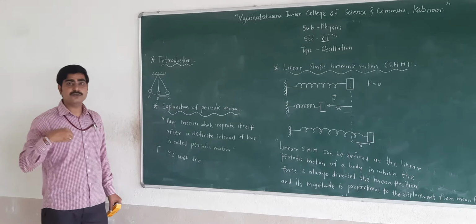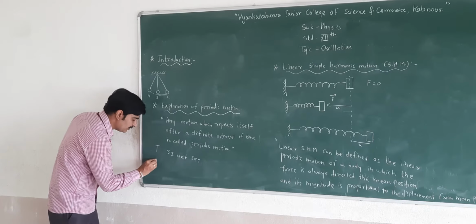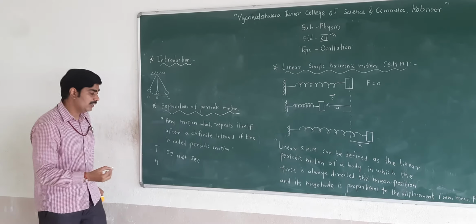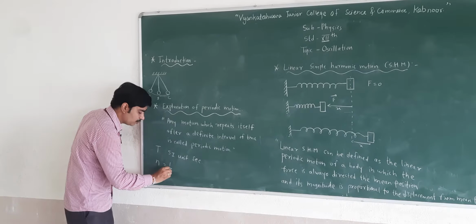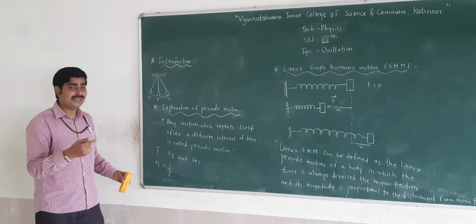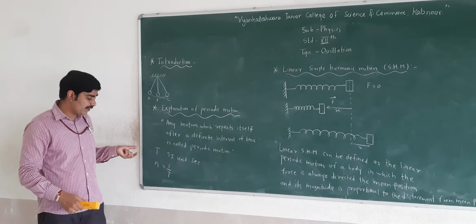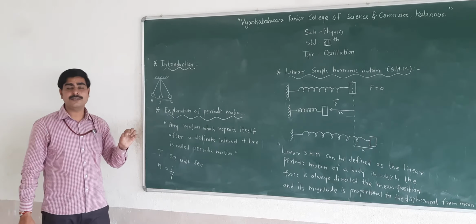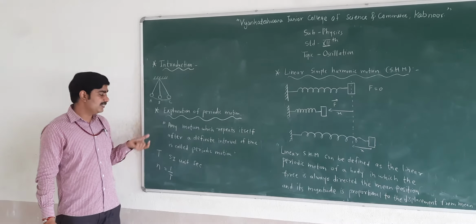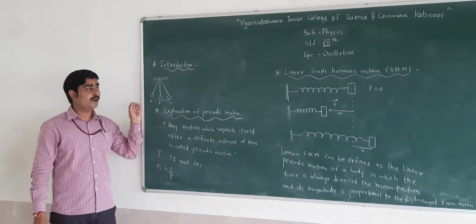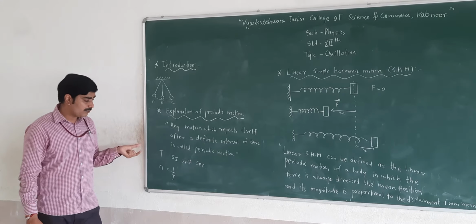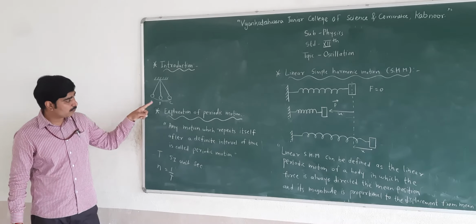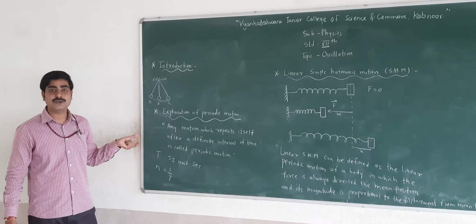The frequency we generally denote with the symbol n. We have already seen n is equal to 1 upon T. And regarding oscillation, how can we define the frequency? The number of oscillations completed by the particle in 1 second is known as frequency for oscillatory motion. What is the period? The time taken by the particle to complete one oscillation is known as the period.